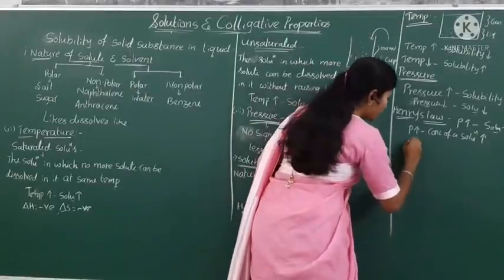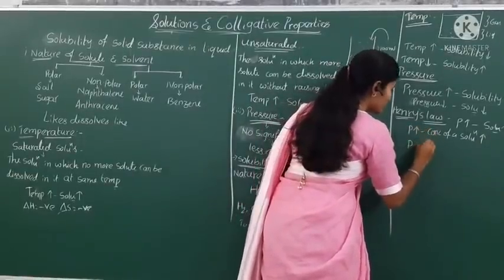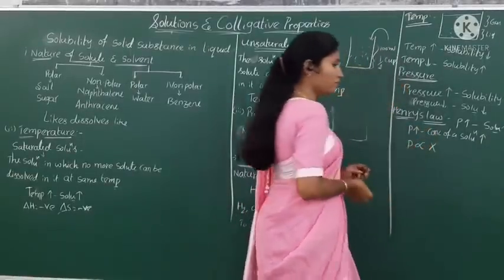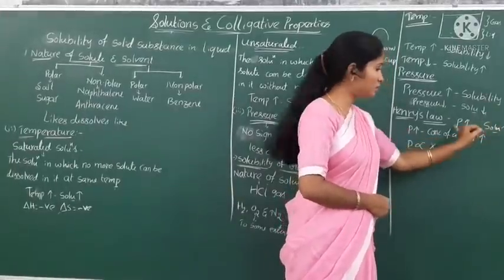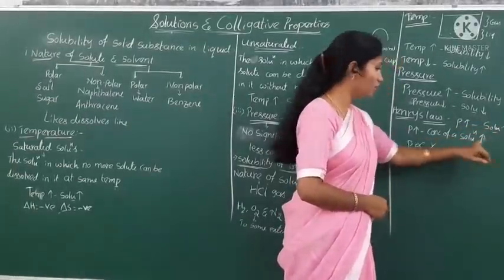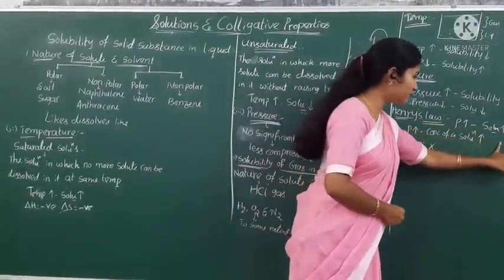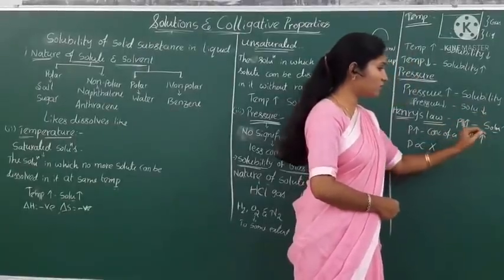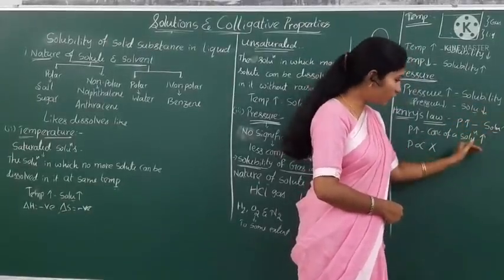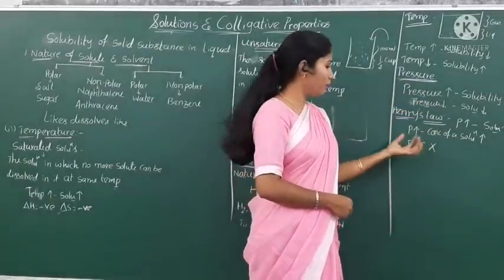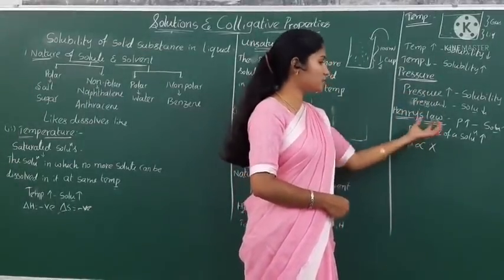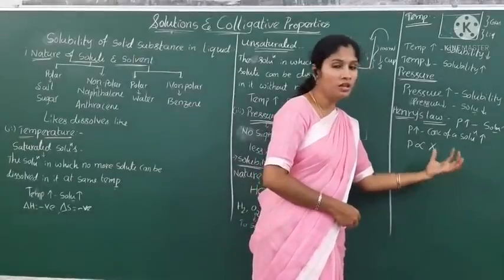So pressure is directly proportional to mole fraction. By increasing the pressure, solubility increases, so both are directly proportional, and the concentration of a solution, which I am expressing in terms of mole fraction, also increases.